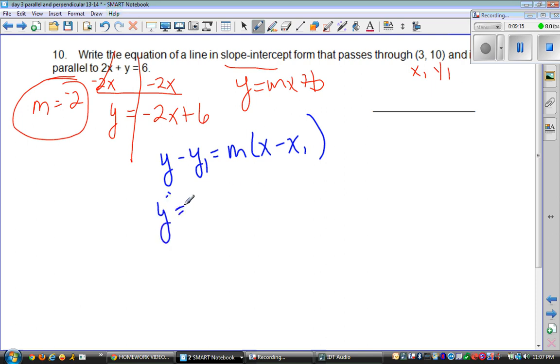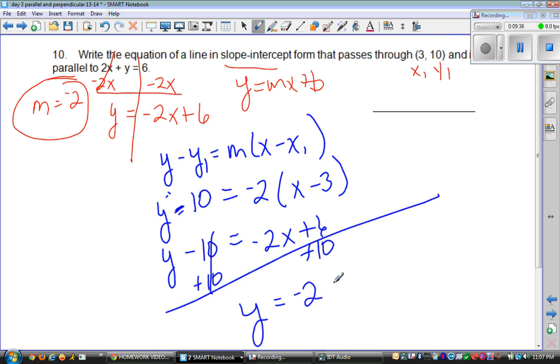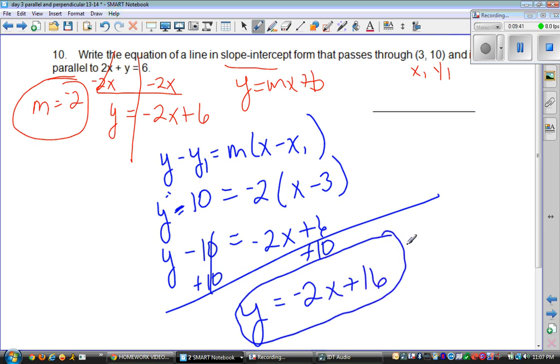So y minus 10 equals negative 2 times x minus 3. So y minus 10, distribute the negative 2, negative 2x plus 6, add 10 to the 6, and you get y equals negative 2x plus 16. So this would be your answer.